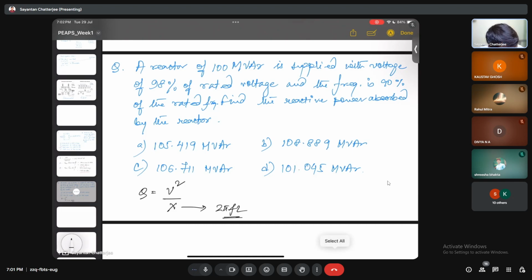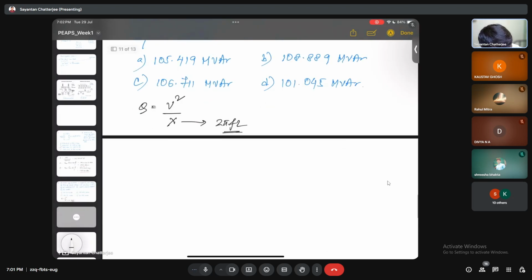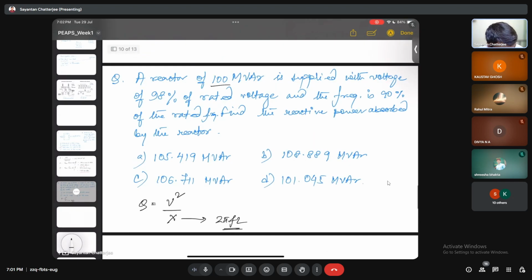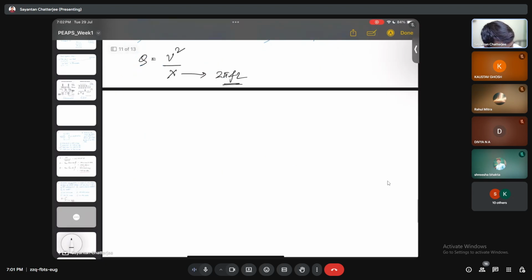So this Q, I guess the values you have noted, right? This 100 MVA, 98% is proportional to voltage and 90 with frequency. Considering these values you have noted, what we know is that this value is given 100 MVA.